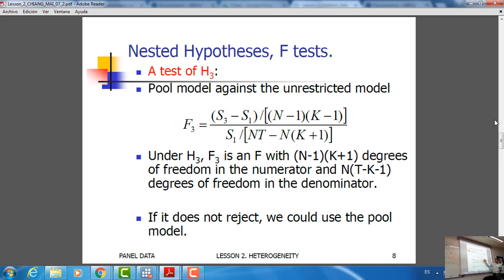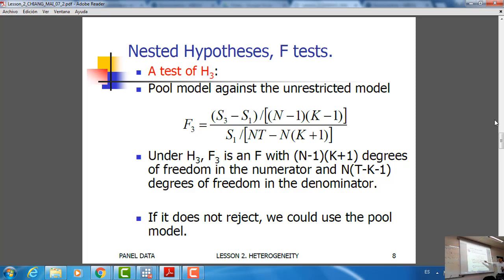So now we know that the lower model is a model that has n constants and n times k different slopes. So now we know which model we are dealing with. This is the general model.